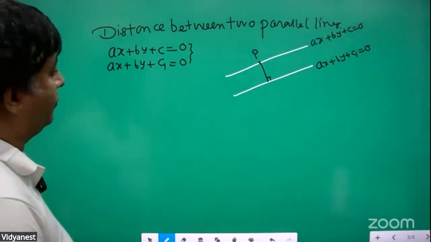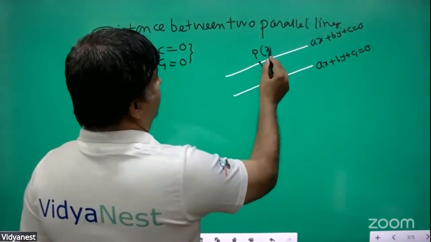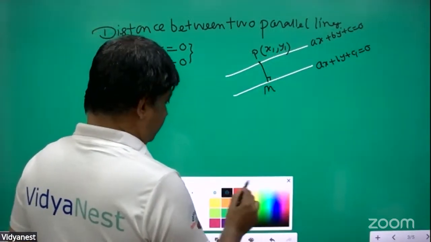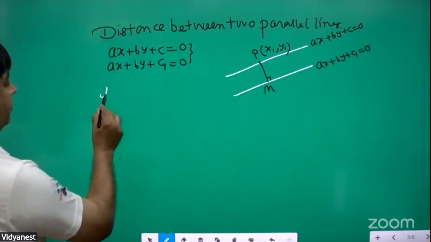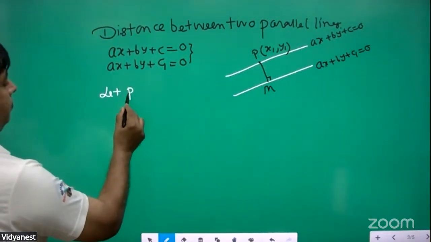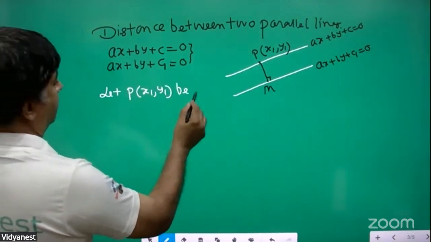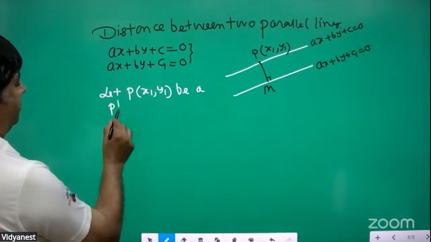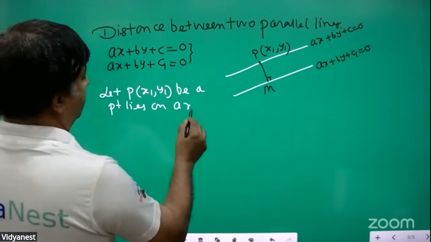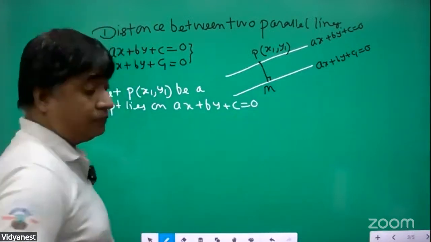This is x1, y1. So let P be a point that lies on ax plus by plus c is equal to 0.